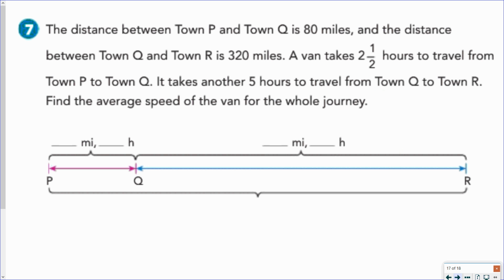And let's take a look at problem number 7 here. The distance between P and Q is 80 miles. And the distance between Q and R is 320 miles.